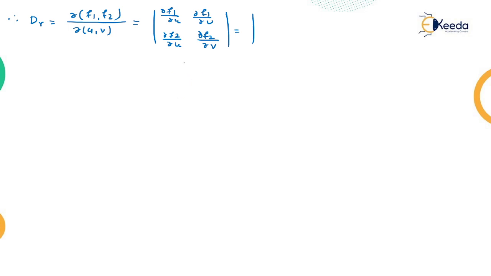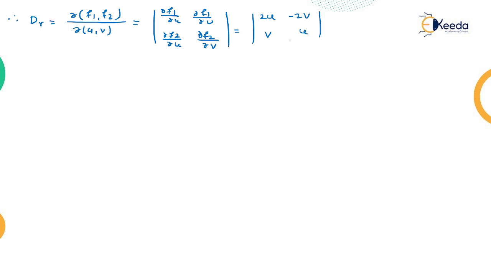So what is del f1 by del u? That is 2u. Del f1 by del v is minus 2v. Then del f2 by del u is v, and here it is u simply.